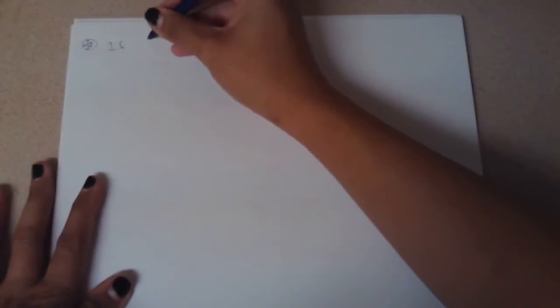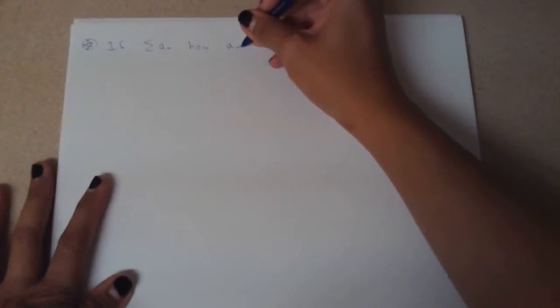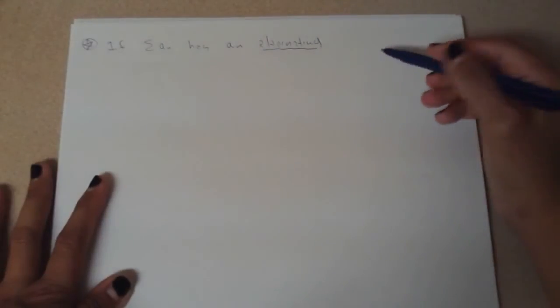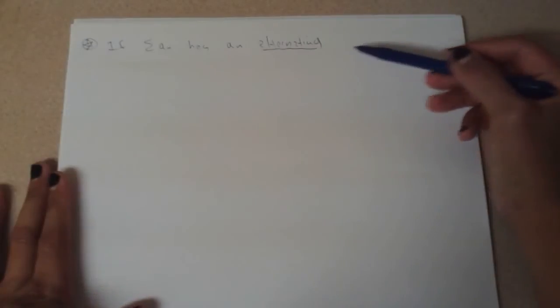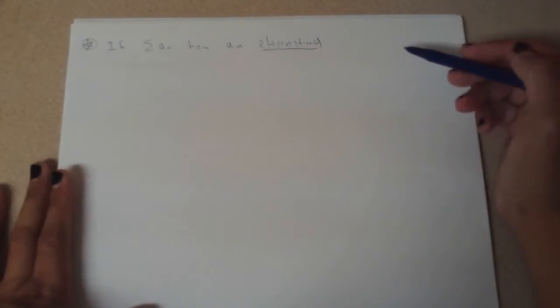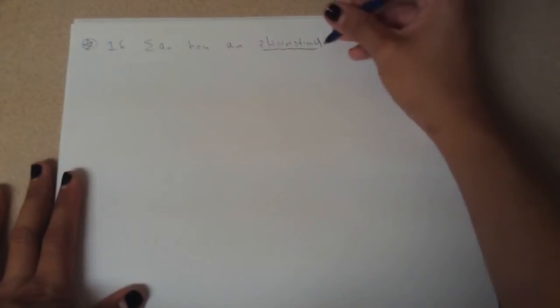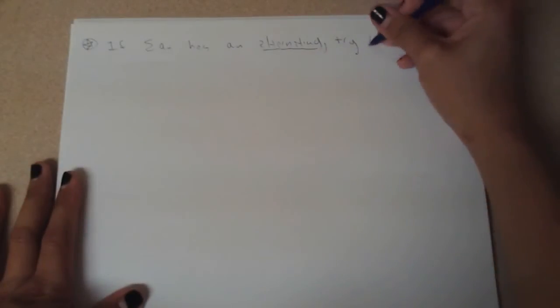Other specific function types. These are pretty easy to pick out. If your series, your a sub n, is alternating. Remember what alternating means: this is when you're adding up something that goes plus minus plus minus plus minus. If these guys are alternating, you probably want to try the alternating series test.